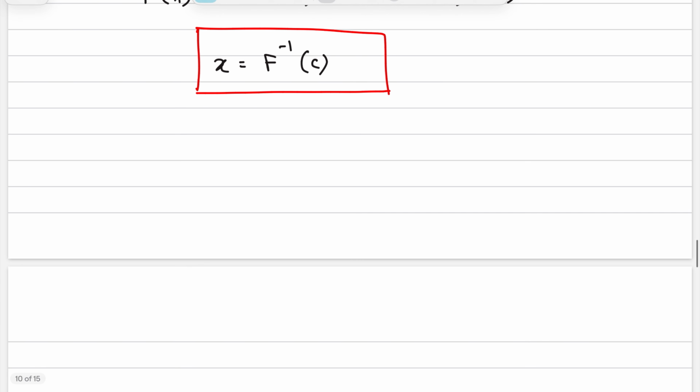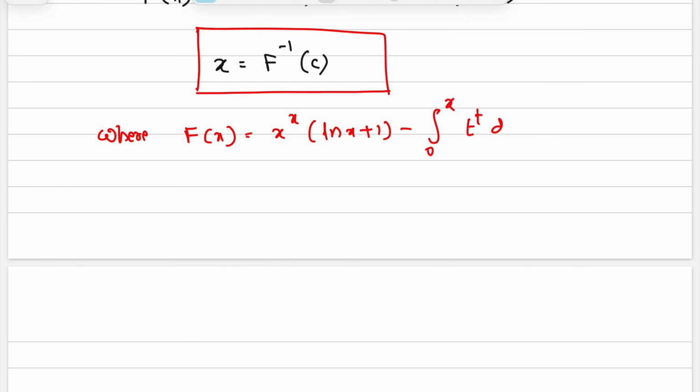This is the ultimate result, where f(x) is equal to x to the power of x into ln x plus 1 minus the integral 0 to x of t to the power of t dt.